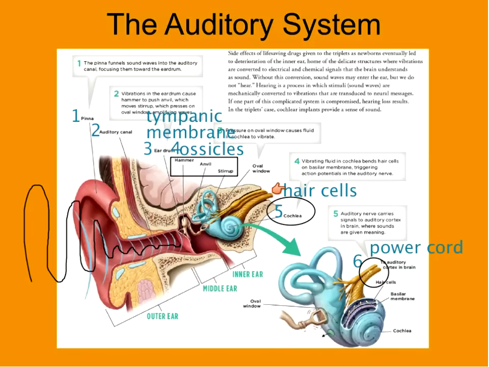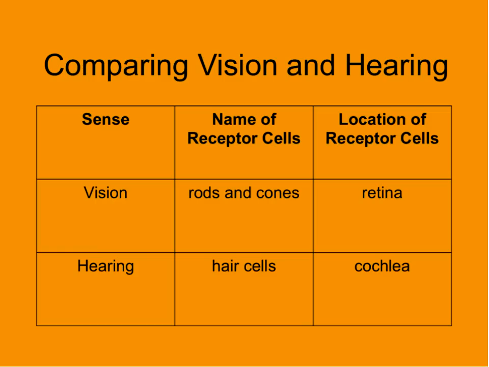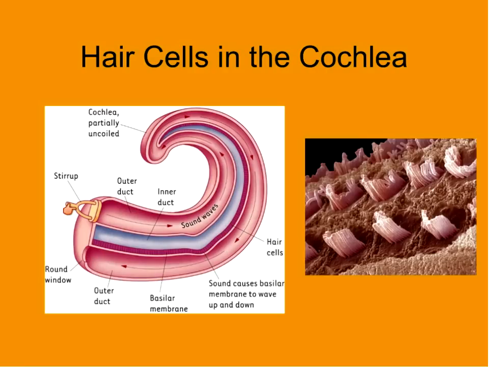They're going to transduce those vibrations from the sound waves into action potentials. Those action potential messages will be sent out the power cord from the inner ear here, this thing called the auditory nerve.